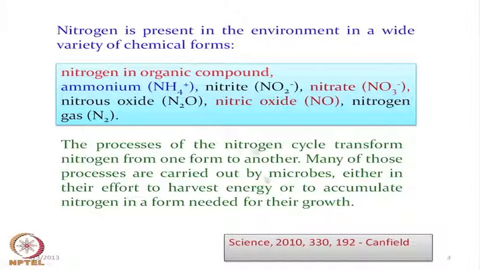Many of these processes involve very little human activity, because we cannot have a large amount of enzymes like nitrogenases, but different microbes and bacteria have important and useful mechanisms. They harvest energy, or they get nitrogen for their survival, and when it is needed for their growth, like the plant material.